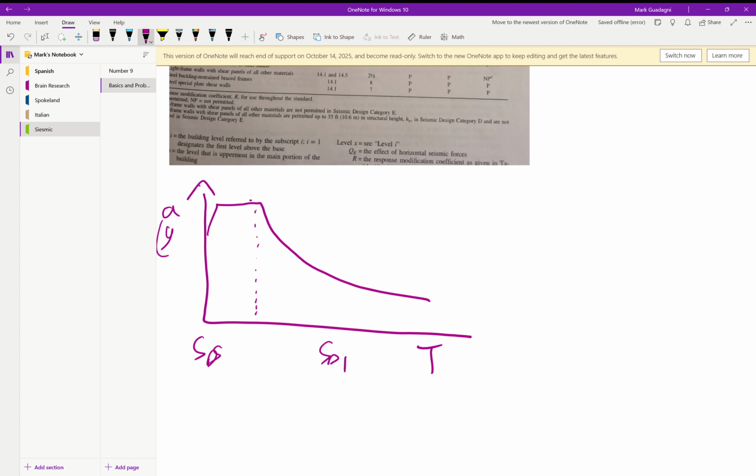And then if it's a longer one, you'll use SD1. Depending on when you calculate your period, if it lands in this region, it's what we talked about, CS equals SDS I over R.